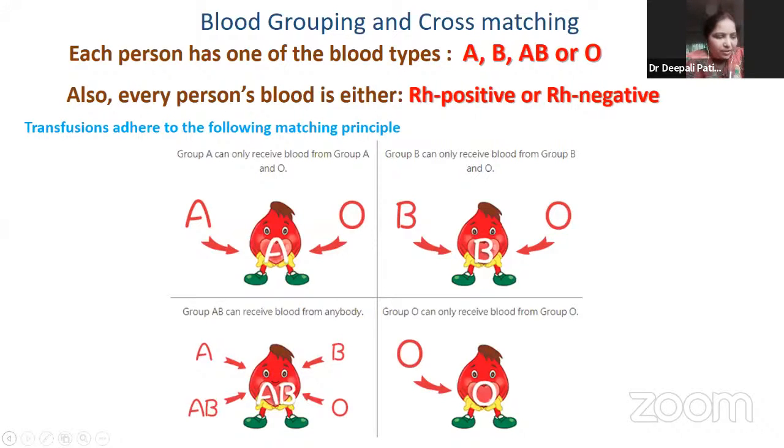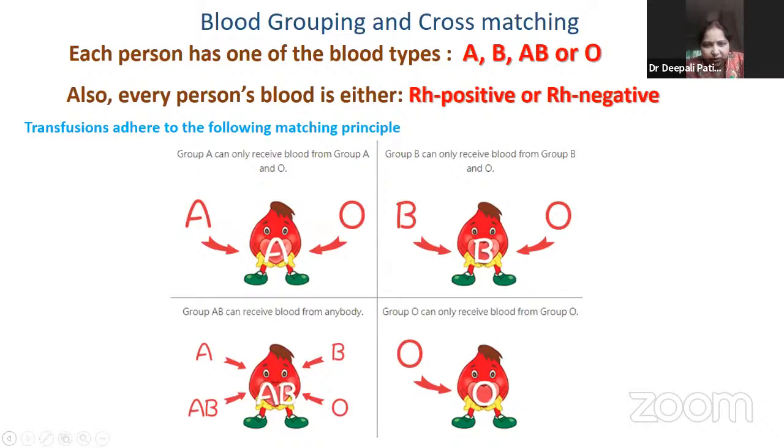So 85% of the common people have these antigens on the RBCs, and they are termed Rh positive, and only 15% of the people don't have this antigen, and so they are termed Rh negative. Depending upon presence and absence of this antigen, the blood group may be defined as positive or negative.